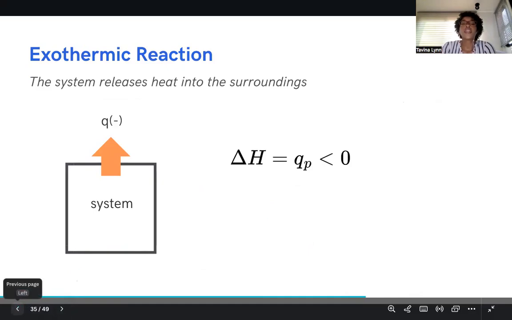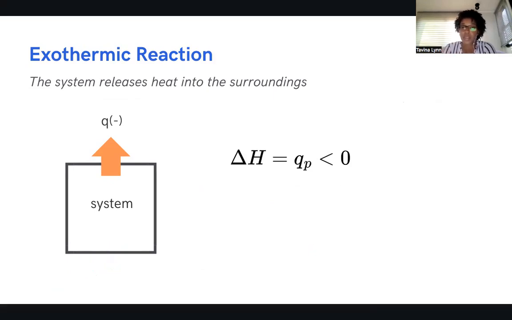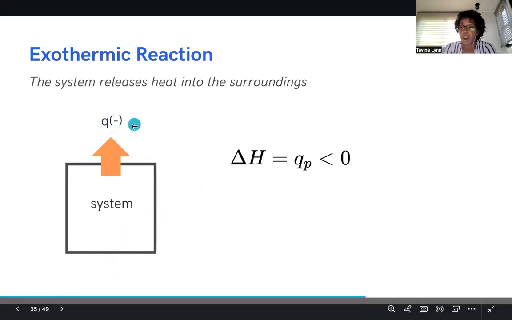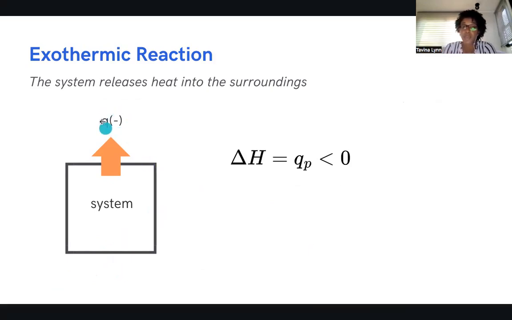The change in enthalpy can tell us whether a process is exothermic or endothermic. An exothermic reaction is when the system that we are studying releases heat into the surroundings. Recall from the last video that when the system releases heat into the surroundings, our Q term is negative because it's losing heat, and so our change in enthalpy is less than zero.